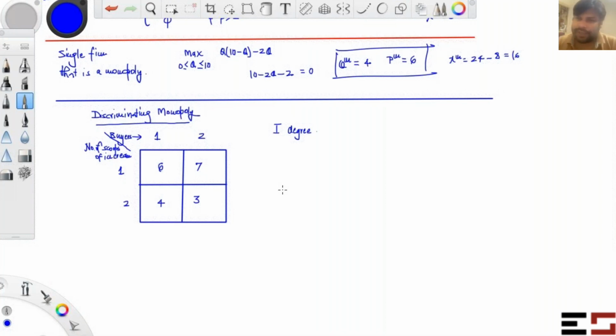Basically, in a second degree price discriminating monopoly, the monopolist cannot discriminate across consumers, but he can discriminate across units. So what does that mean? He'll offer a menu of price and quantity, a fixed menu, to both the consumers.